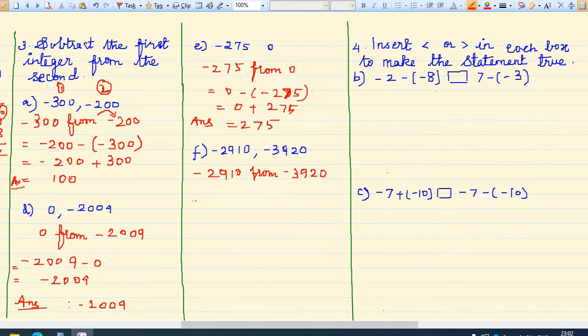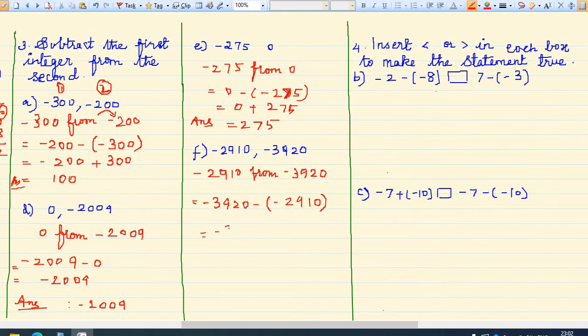So write this first. Minus 3920 minus of minus 2910. Can you clear this, children?